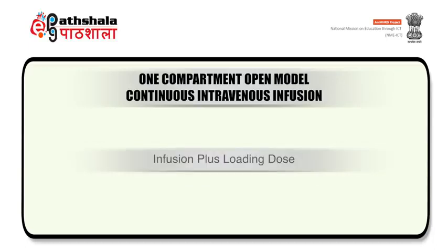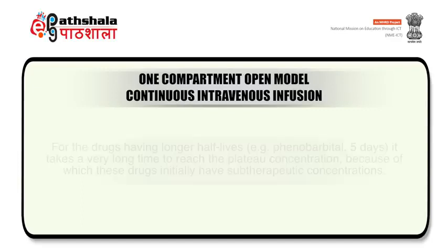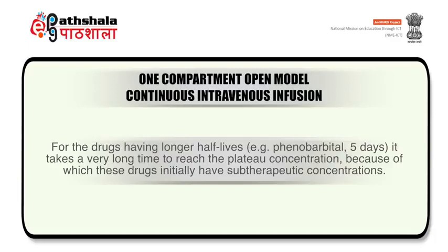But what about drugs which have a long half-life? The concept of infusion plus loading dose exists. For drugs having long half-life, the plateau concentration takes very long to be reached, like phenobarbital, which takes 5 days to reach the plateau or steady state concentration, because of which these drugs initially have subtherapeutic concentration.